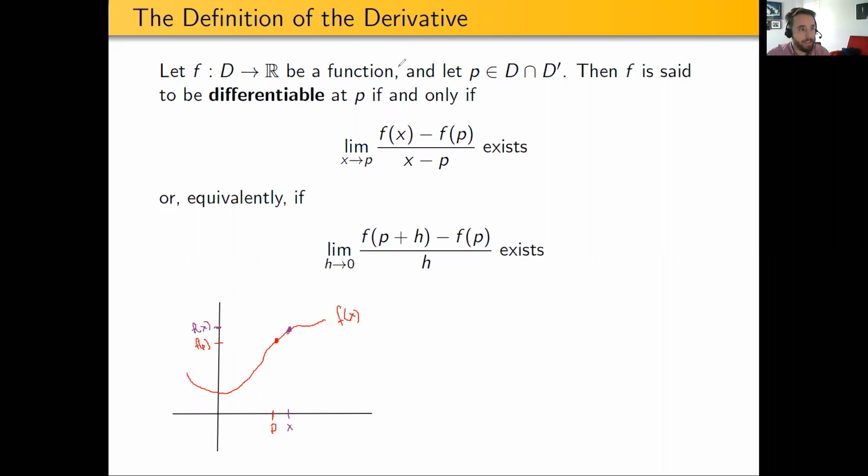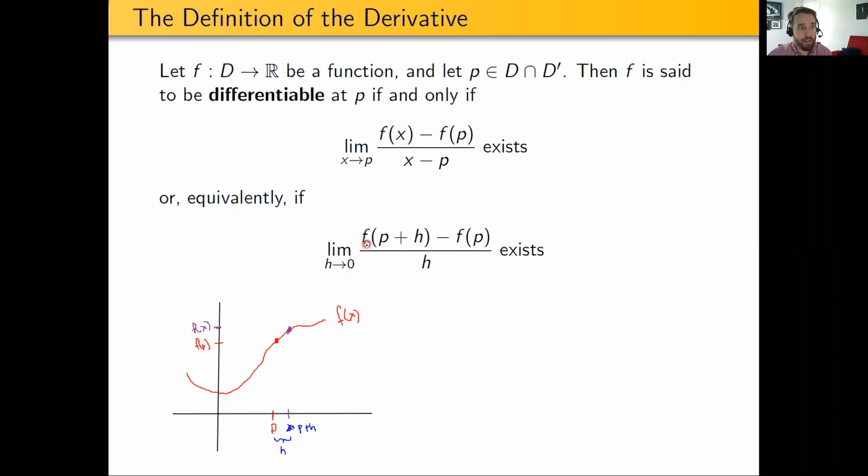Or I could think of this in a slightly different language by introducing this letter h, and not considering x as a point x, but considering it as the point P plus h, right? So h is that distance, and then I can write x as P plus h, and then this would become f of P plus h. So by that translation, x equals P plus h, I can translate between this notation up here and this notation down here.